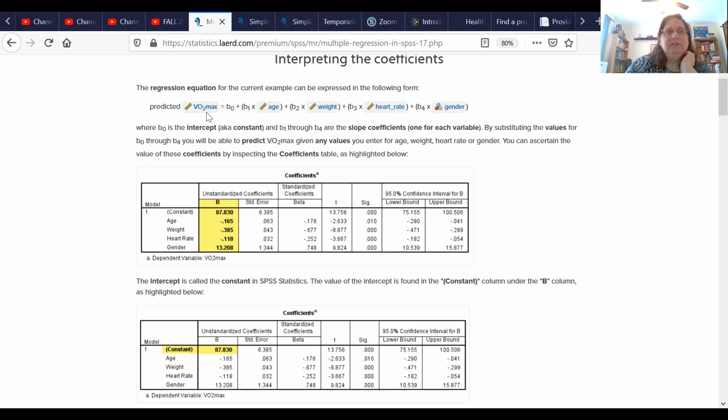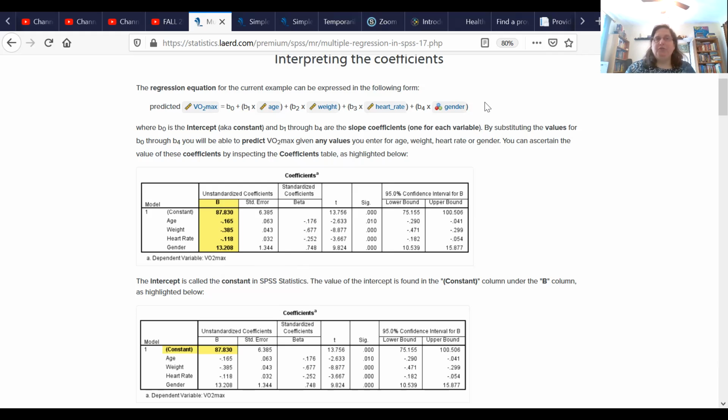We have predicted our VO2 max, that's what we're trying to predict, right, equals constant 87.830 plus negative 0.165 times age plus negative 0.385 times weight plus negative 0.118 times heart rate plus 13.208 times gender.